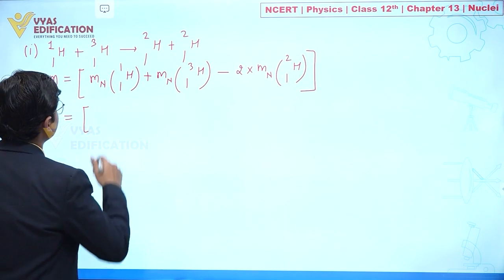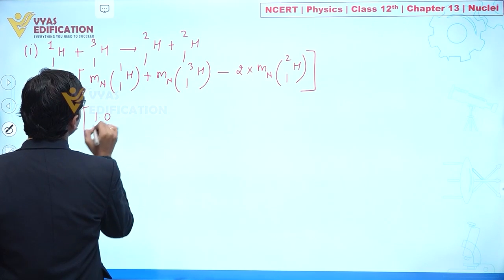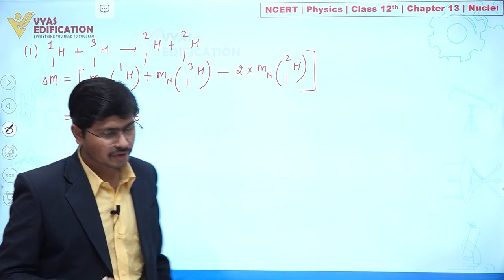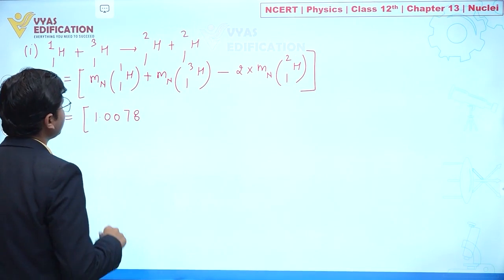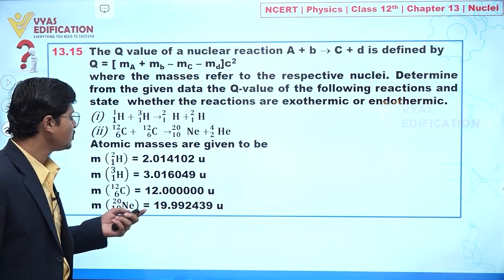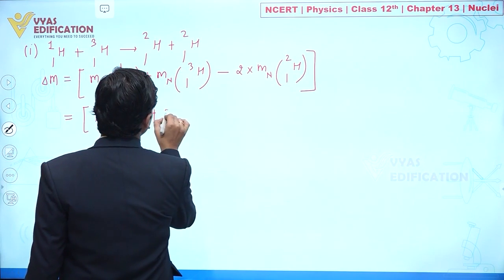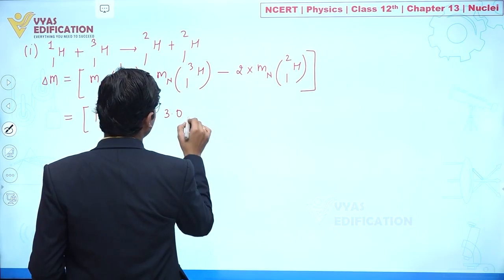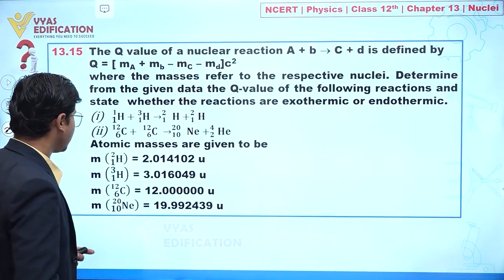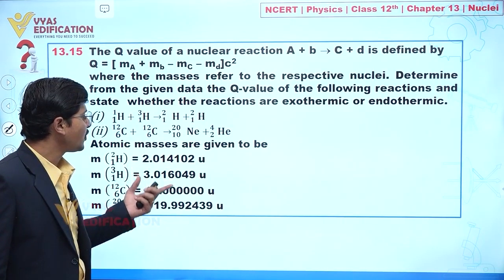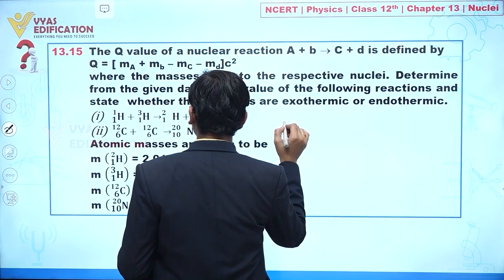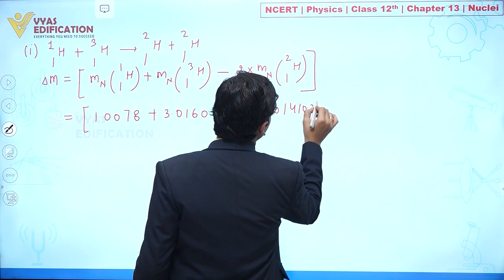Mass of hydrogen is 1.0078, yes or no? Clear? 1.0078 plus what is mass of tritium? Mass of tritium is given 3.0160 minus 2 multiplied by what is mass of deuterium? Mass of deuterium is 2.014102. Clear?